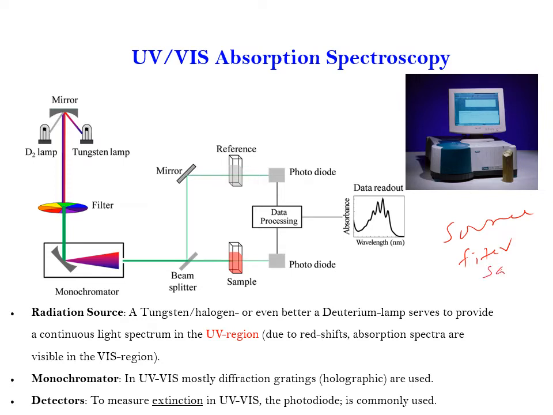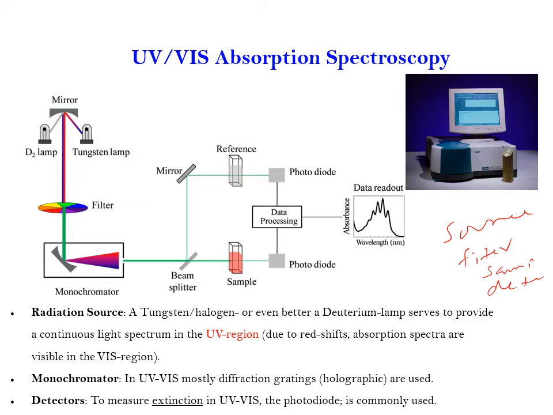We have a sample, we have a detector. These are basic components. The radiation source, in the case of UV visible spectroscopy, can be a tungsten or halogen lamp, or even better, a deuterium lamp that serves to provide a continuous light spectrum in the UV region.